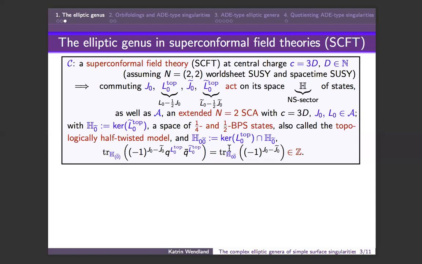Can you say what the twisting here is? Is it changing some of the bosons into variants? No, not quite. The twisting is this thing here. Instead of considering the usual Virasoro L0 mode, I'm going to consider a twisted Virasoro algebra.